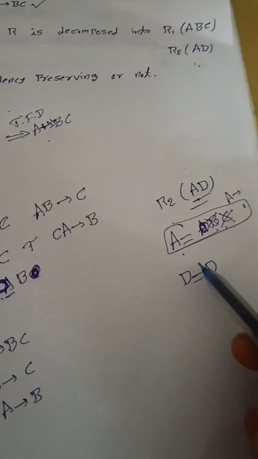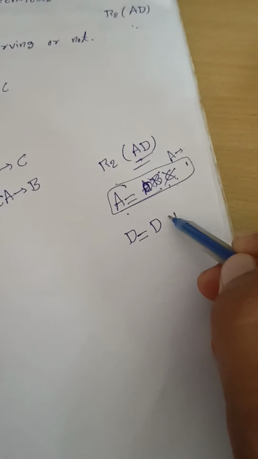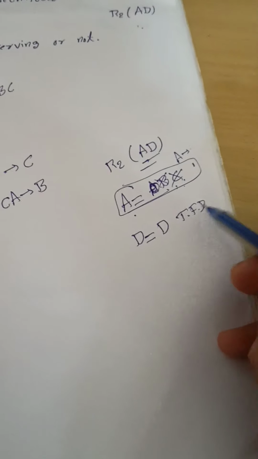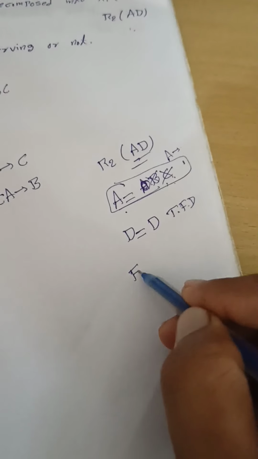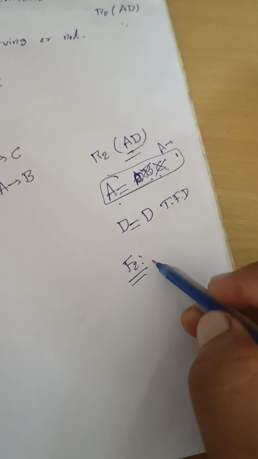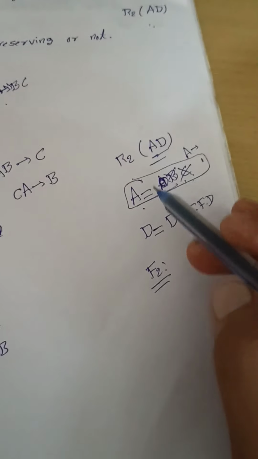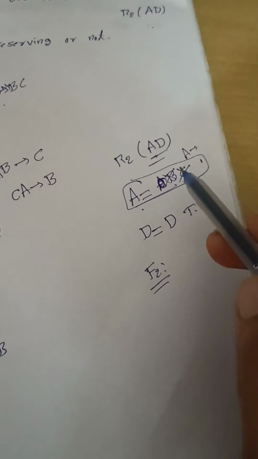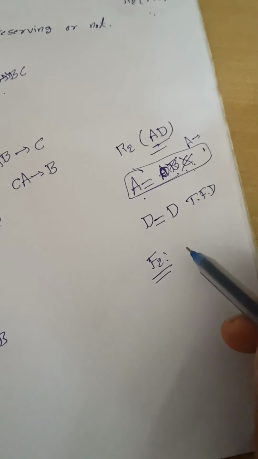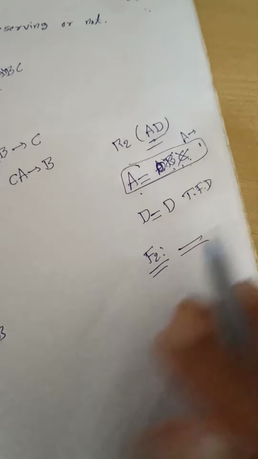No. D derives D only, which means this is a trivial functional dependency. So what are the functional dependencies available in F2? No new functional dependencies, only trivial ones, so we will not consider them.